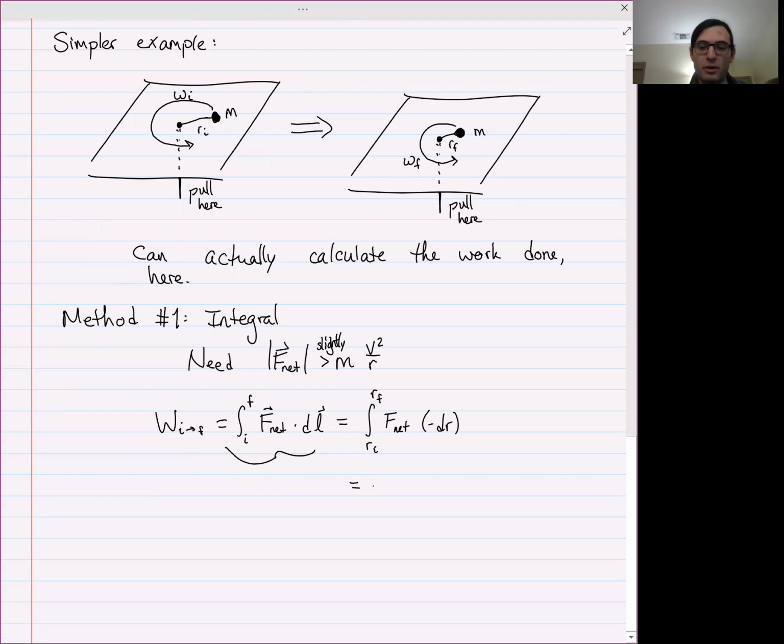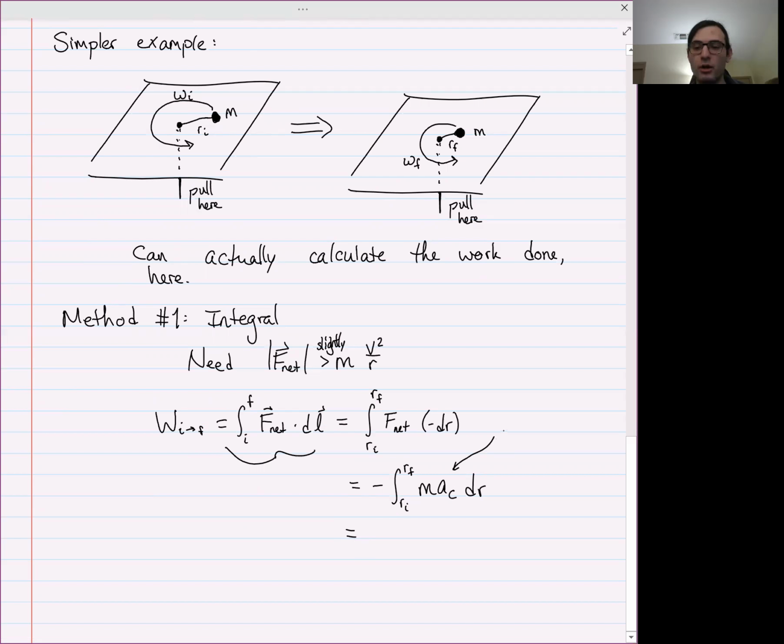So I'm going to pull out a negative sign, we have an Ri here. Actually, you know what I'll do? I'll do it this way, just so it tracks with my notes. Now we know that the F net has to be slightly greater than ma. So I'm just going to say that it's equal to ma, because this will tell us the minimum possible value of the work that could be done. Now for a, there's two formulas, right? One of them is v squared over r.